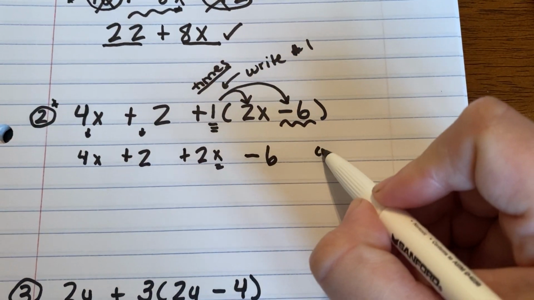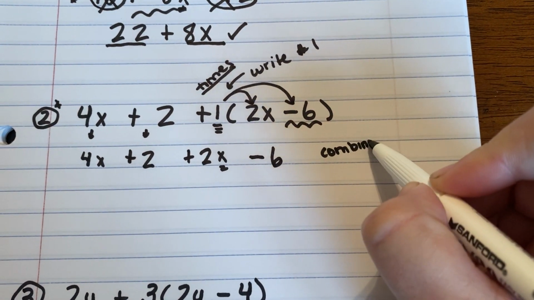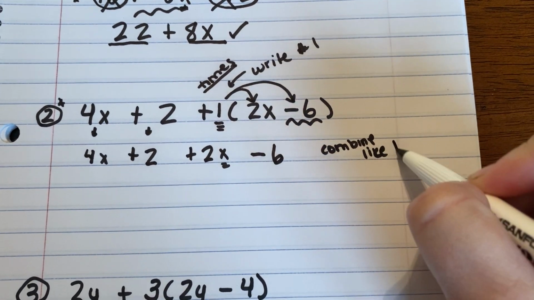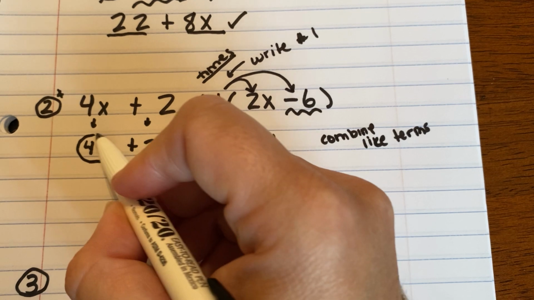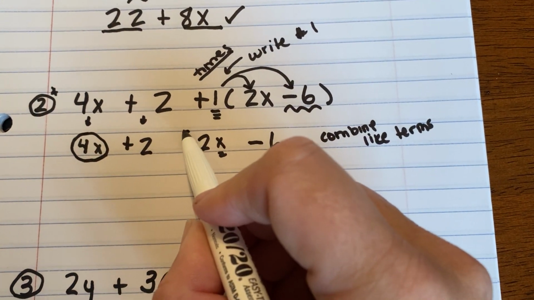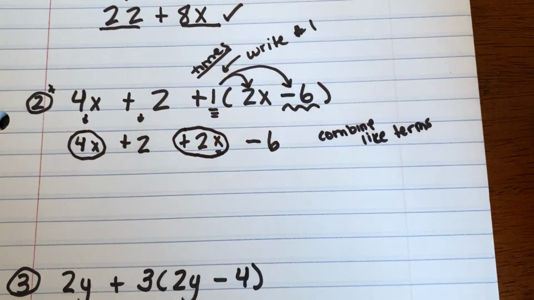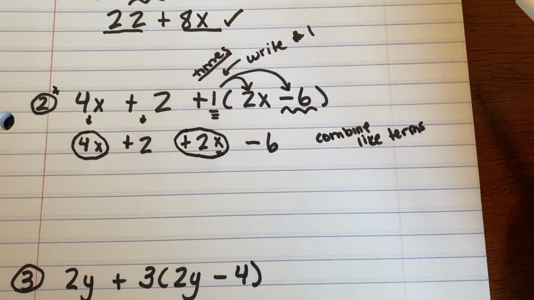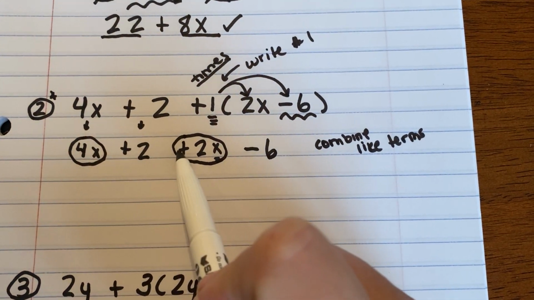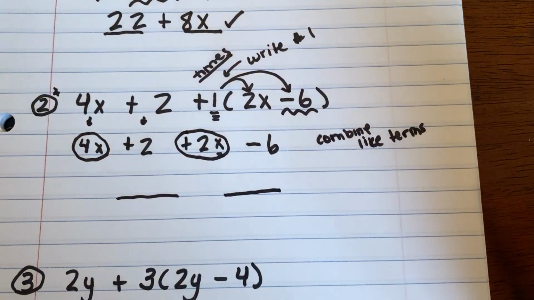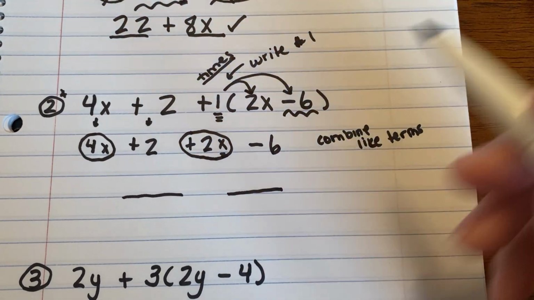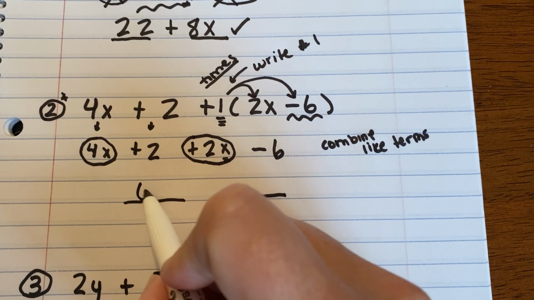Next, we write combine like terms, because we're not done. We circle the 4x. I go down, and there's a positive 2x. I circle that. Now I'm doing 4 plus 2 into the calculator. You can draw 2 lines to help, knowing that I need 2 terms. 4 plus 2 is 6x.